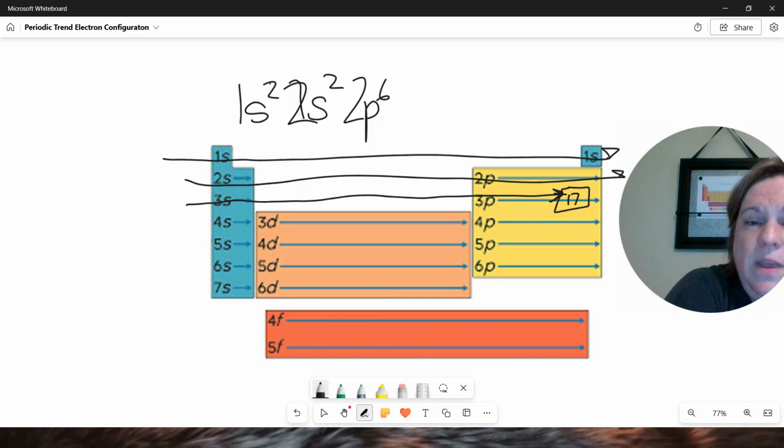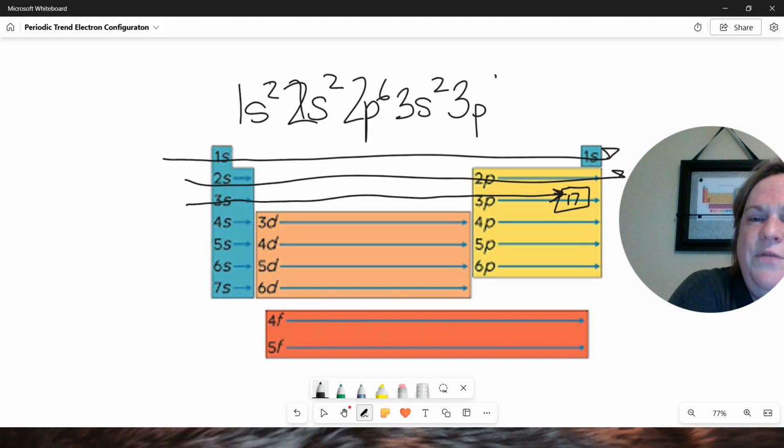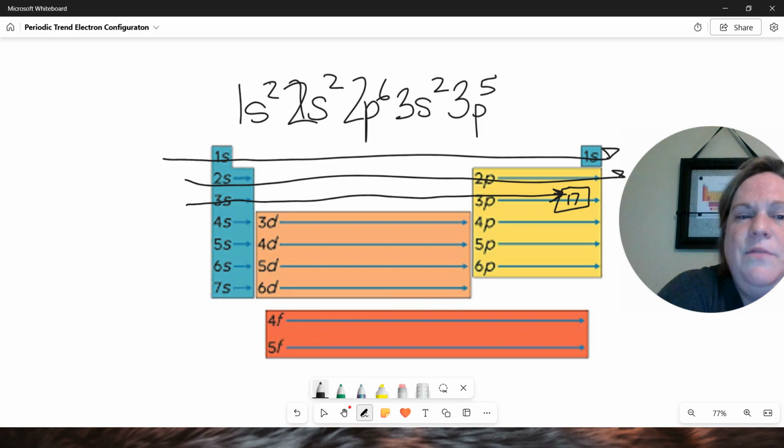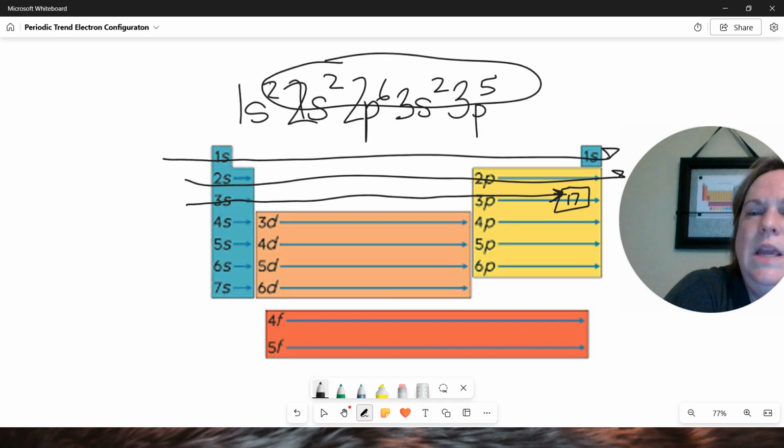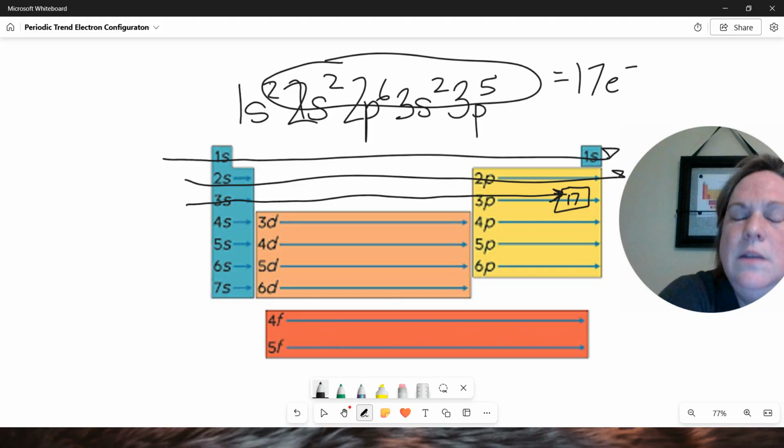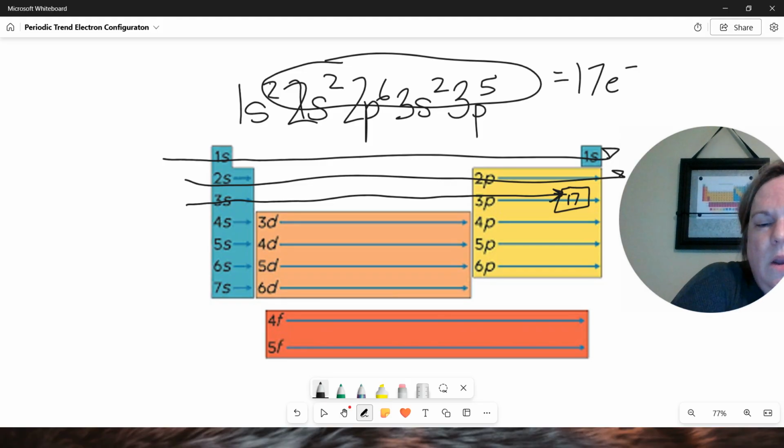I'm not going to quite fill it completely because chlorine is found in column 17, and so it's going to be 3s2, and yes, the p can hold 6, but I only need 5, so I'm going to stop there at 5. So if I count up these numbers here, that's going to equal the atomic number, or 17 electrons for chlorine.